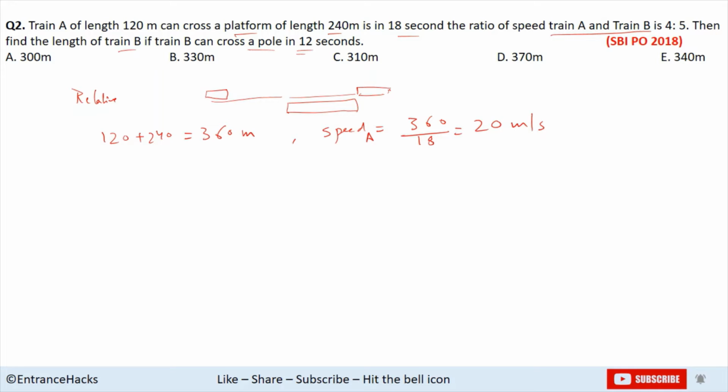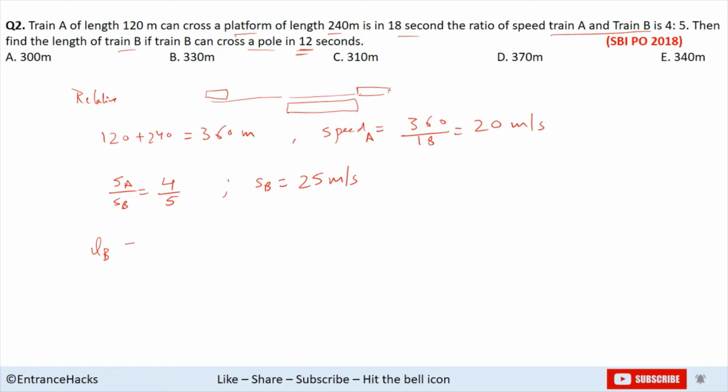Now the train A to train B speed ratio is 4:5. So SA upon SB is given as 4 upon 5. Since the speed of A is known, the speed of B would be 25 meter per second with this ratio. The length of train B is required if it crosses a pole in 12 seconds. So in the second case, the total distance it has to travel is the length of itself, so the length of B is the total distance which it has to cross, and it is doing so in 12 seconds.